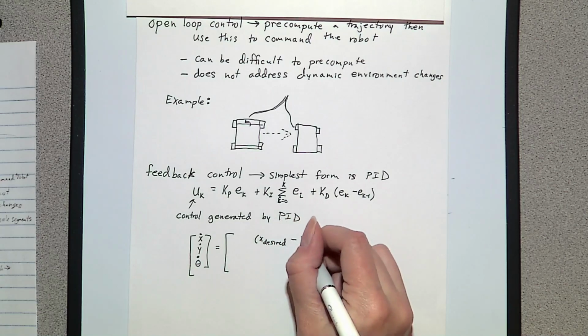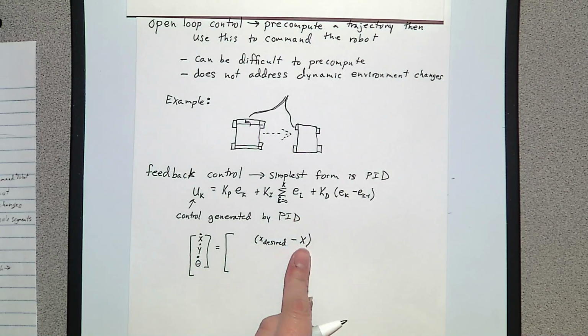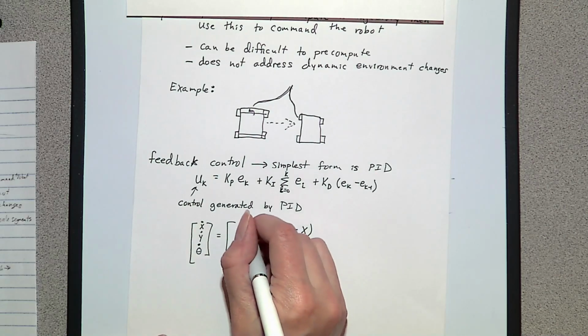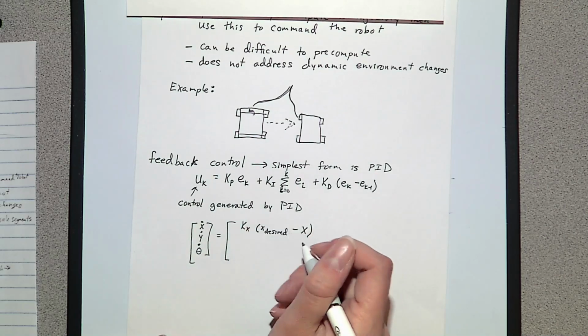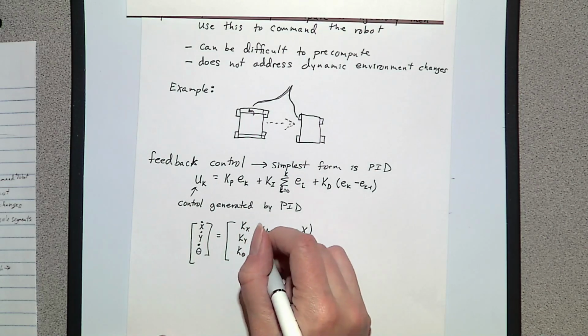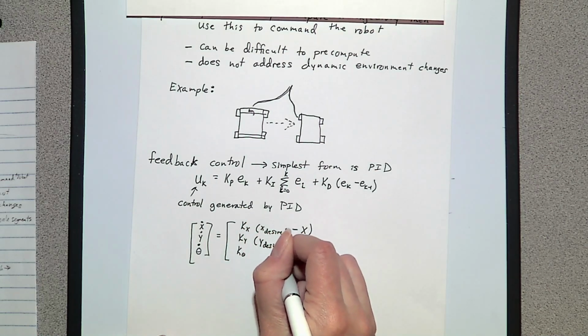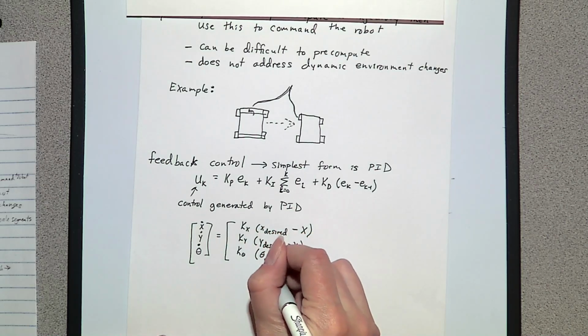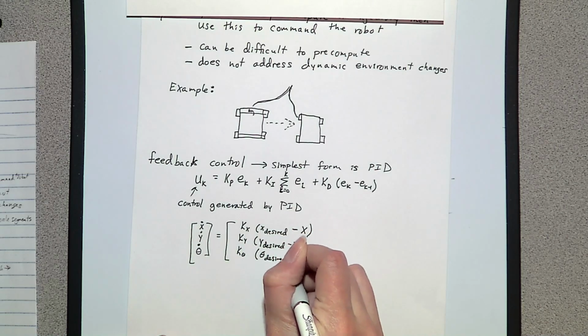And let's assume that you can somehow measure your x position relative to your fixed frame, and then you would have some kind of gain here. So this would be just a simple proportional type that you might use to drive your robot to some desired pose.